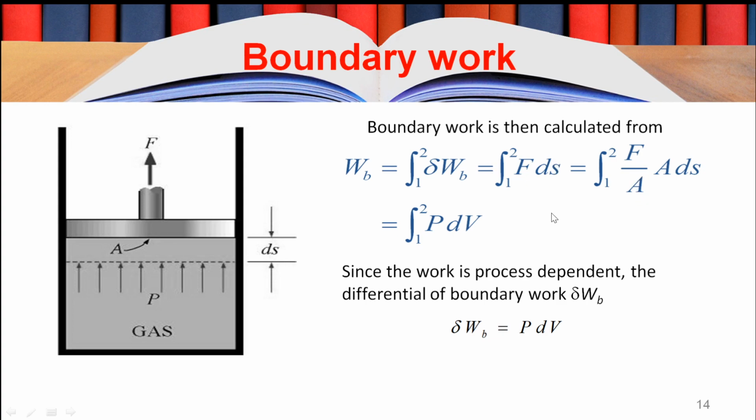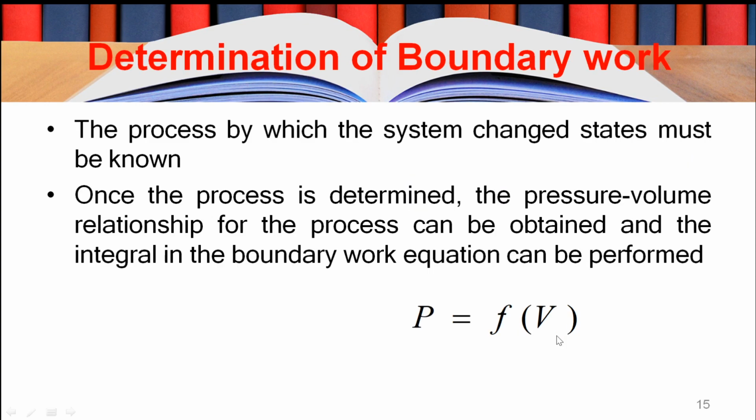So F by A, you know, is pressure, and A ds, area times the change in displacement, is change in volume. So A ds will become dV and F by A will become P. So integral 1 to 2 PdV is the boundary work. Since the work is process dependent, the differential of boundary work, delta WB, is equal to PdV.